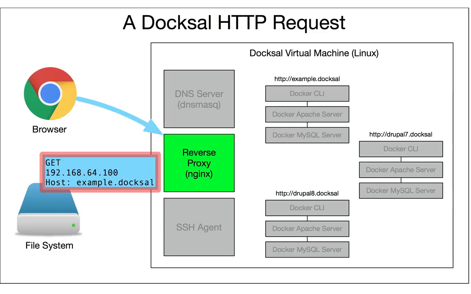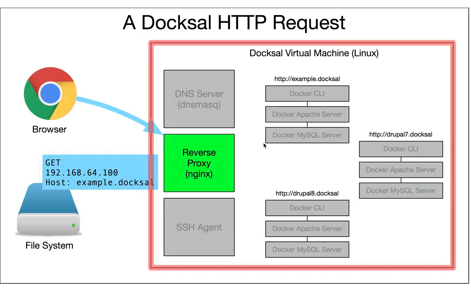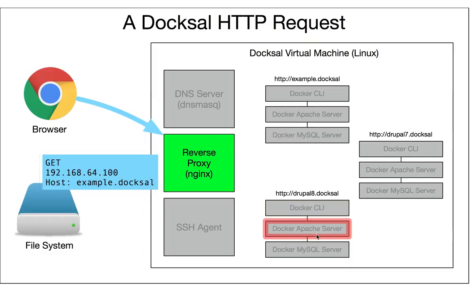And basically what we're going to look at here inside the reverse proxy container is the host header. The host header, example.docksal, is going to tell us which of our many Docksal development environments we want to connect to. In this case, I've requested example.docksal. There is indeed an example.docksal stack.